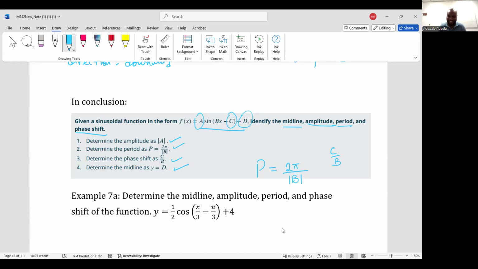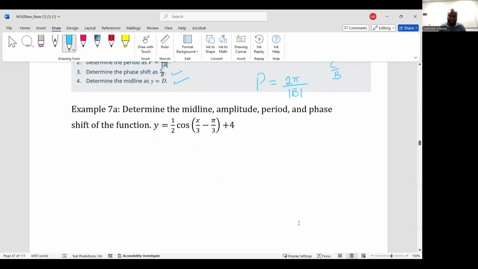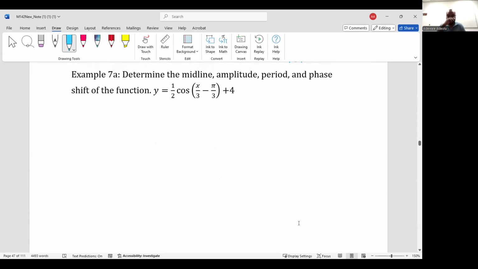Now let us take an example. Determine the midline, the amplitude, the period, and the phase shift of this function. Let us start. Midline, you know that.